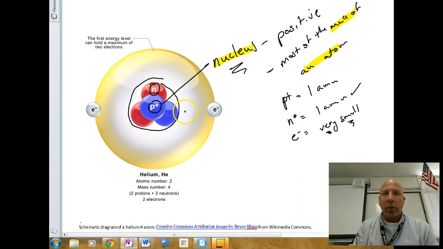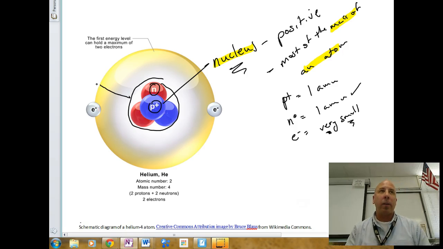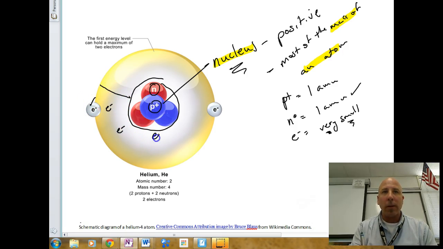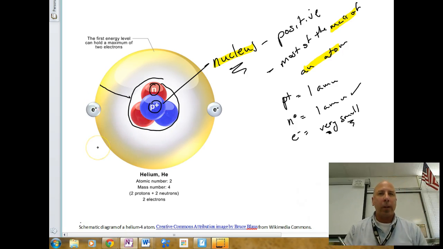This picture shows the electrons about equal distance from the nucleus, which is really not accurate. Electrons can be found anywhere within a certain area. You might find an electron in here, or a little bit outside here, moving really, really rapidly, not in fixed orbits like the moon around the Earth. Sometimes it's here, sometimes here, it just depends. That's what we call an electron cloud.